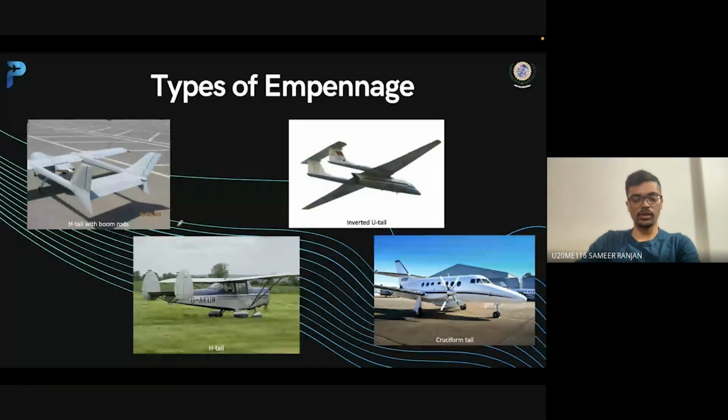Here it is H-tail with boom rods, and in this one it is a simple H-tail directly mounted on the fuselage. Again here it is inverted U-tail. Now this is somewhat a fusion of the conventional tail and the T-tail: the horizontal stabilizer is attached at the middle of the vertical stabilizer, which forms a cruciform tail. So these are the different types of empennage.